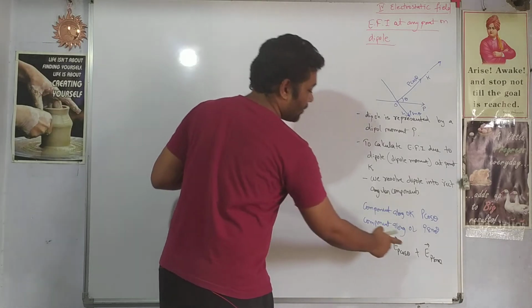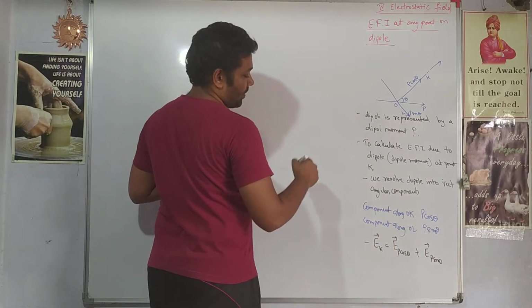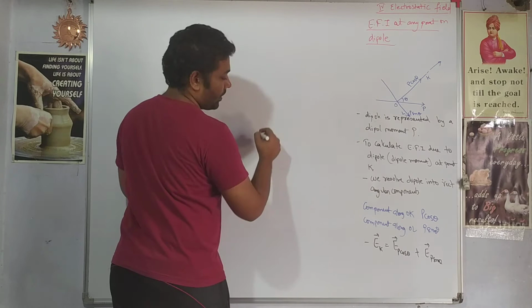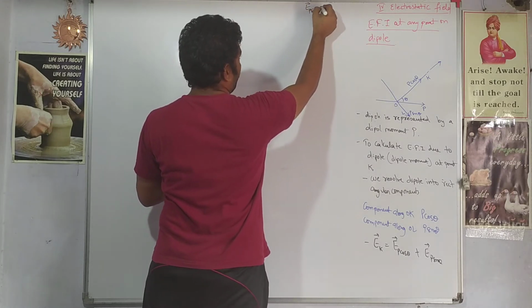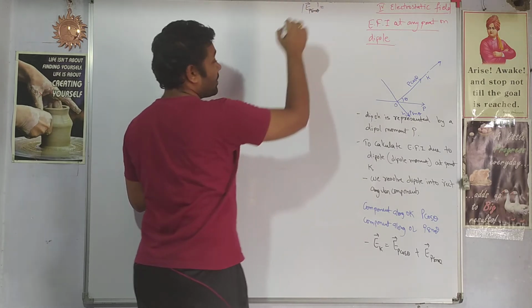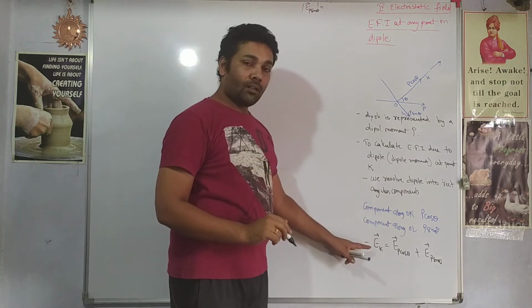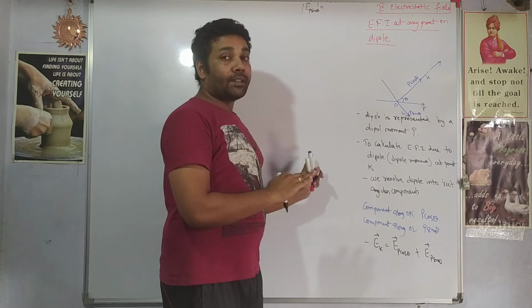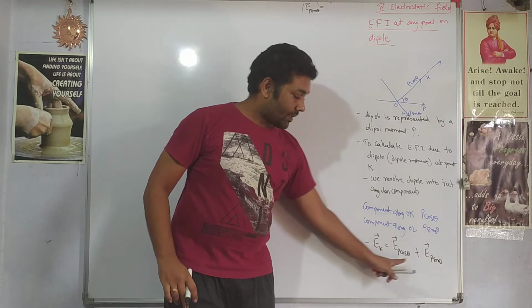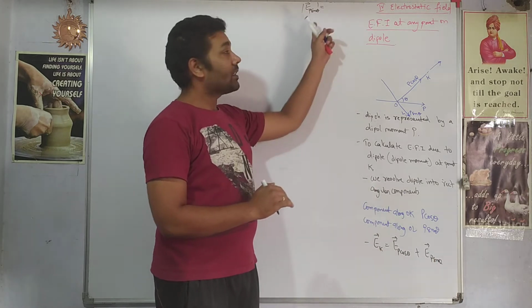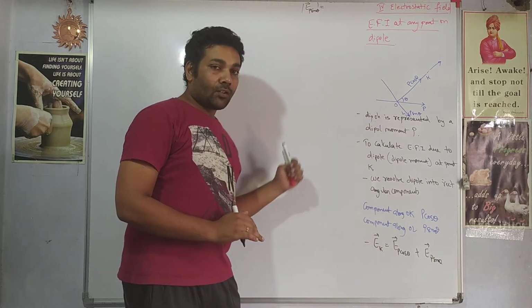Let us find out the values of this and this. Directions we will not talk about, we'll just consider magnitudes here. Directions we'll discuss at the end of this derivation, right? This is a vector equation, and this vector equation now I will resolve in the magnitude form. Directions we'll see at the last.